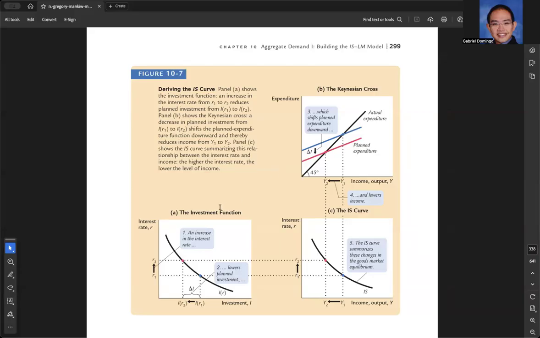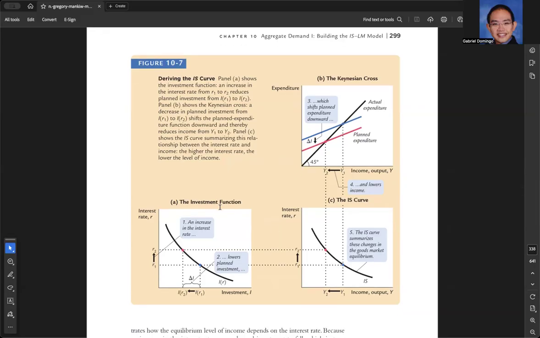So this is now the tail end of Chapter 10, Aggregate Demand, Building IS-LM. And the last time we spoke, we had, in fact, built the IS curve, right?